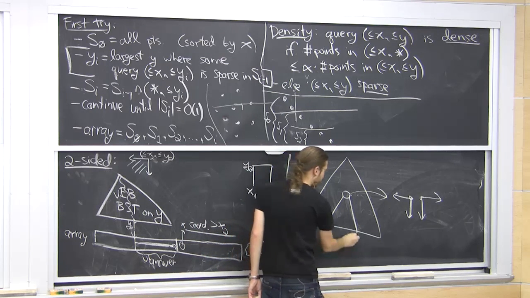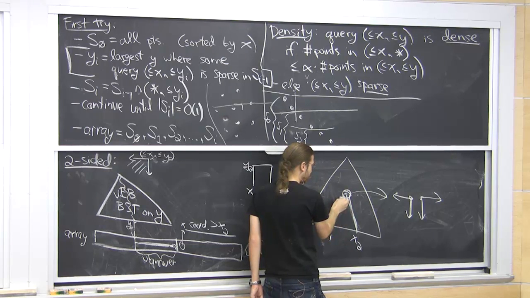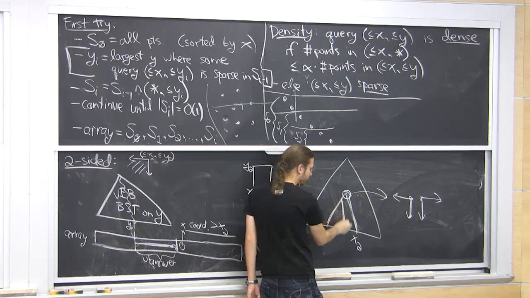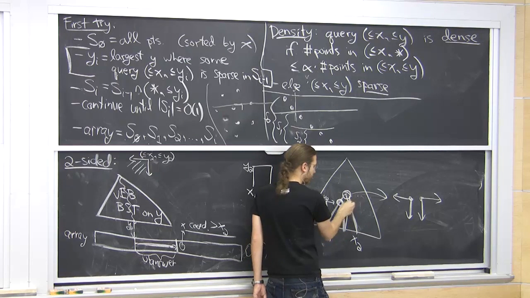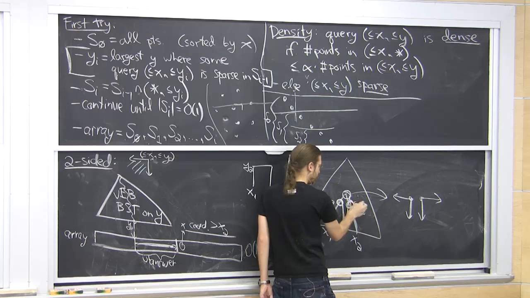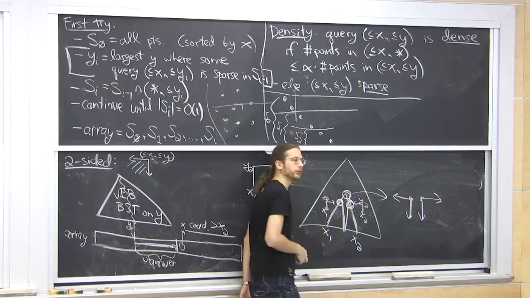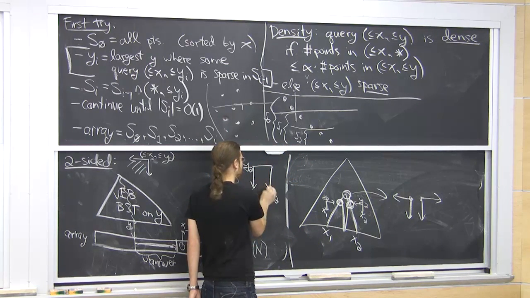You search for x1, you search for x2, find the LCA, and then in this subtree, you do a search. In this subtree, you already know that you're less than x2, and so you do the x1 y2 search in this node, and then in the right subtree, you do the x2 y2 search. You take the union of those two results, and that is this query. That's how we did it before.